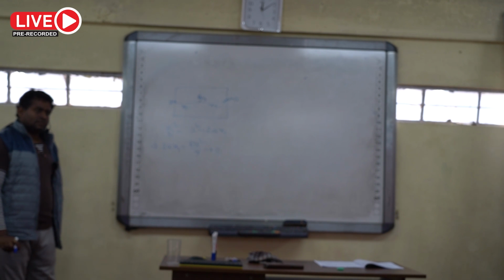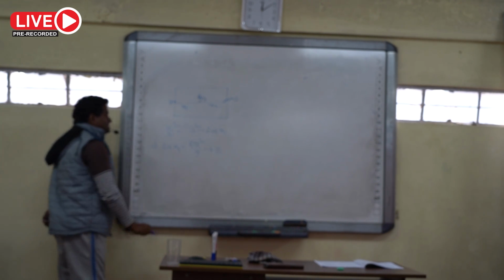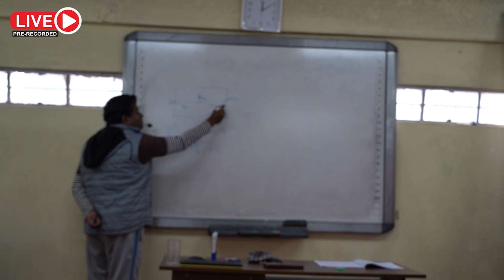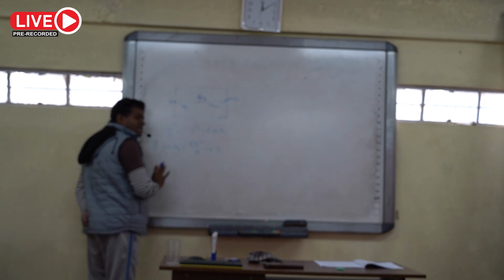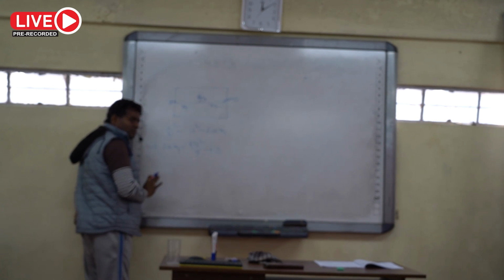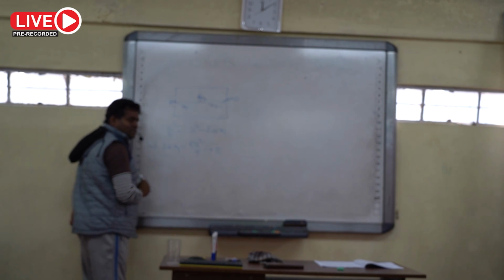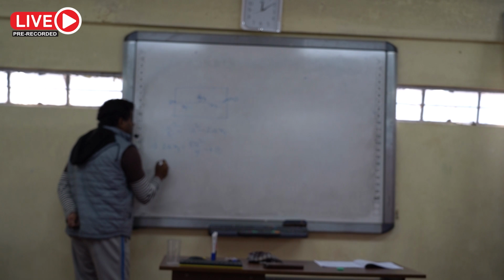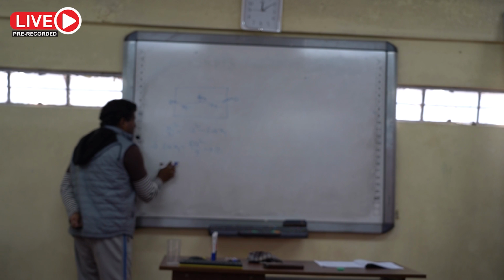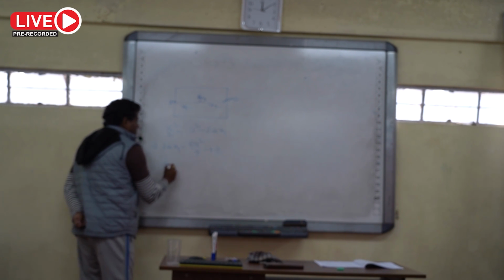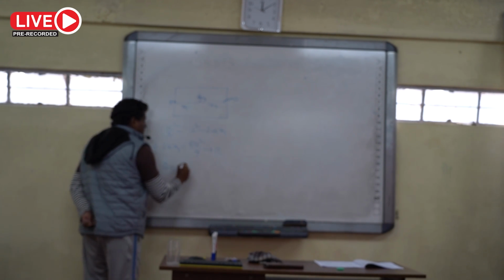Okay. Next. For this part you can calculate, or you can calculate for the entire part. Both are possible. So I will calculate for the entire part. So it will be final velocity 0, initial velocity u square.